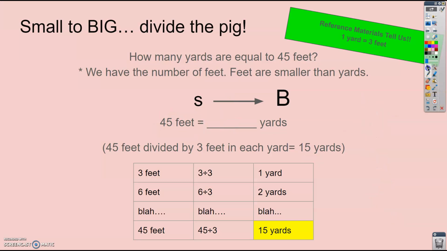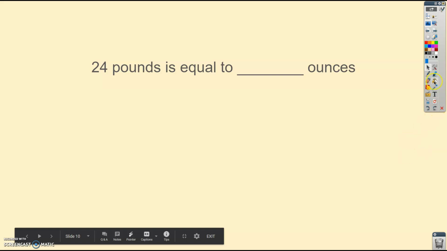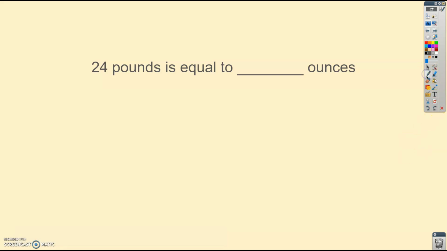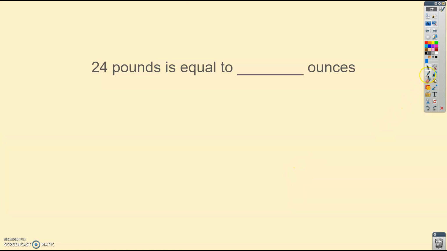Let's do a little bit of practice, just a couple more. So here's some information to help you out. So 24 pounds is equal to blank ounces. Well, let's see. 24 pounds, so pounds and ounces. I know 1 pound is 16 ounces.